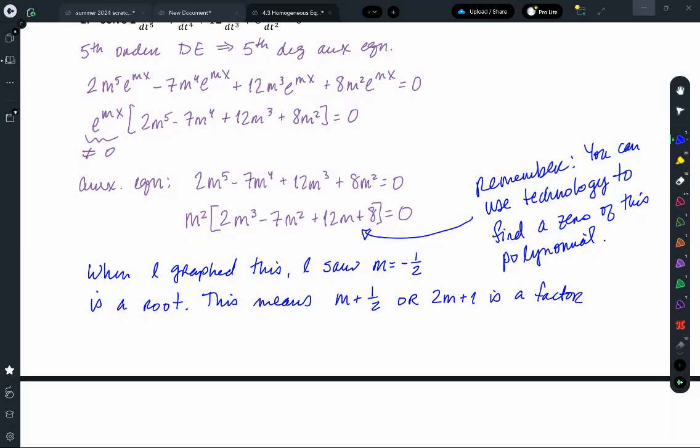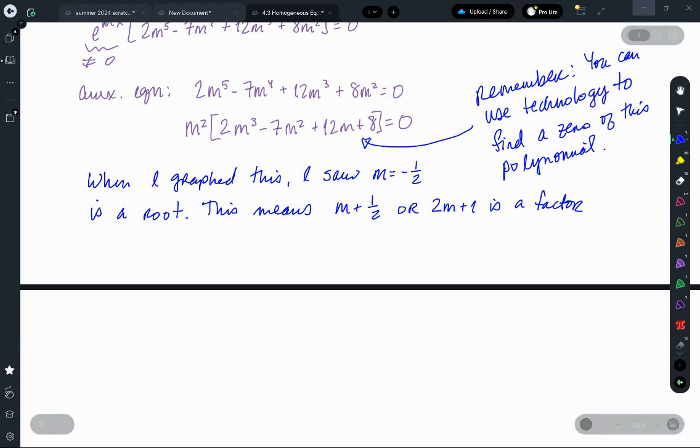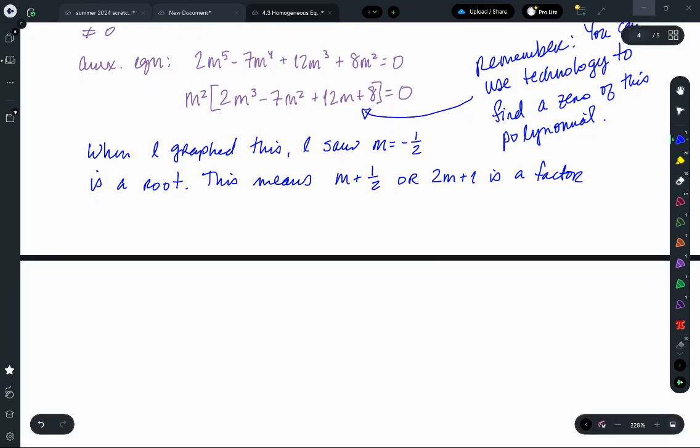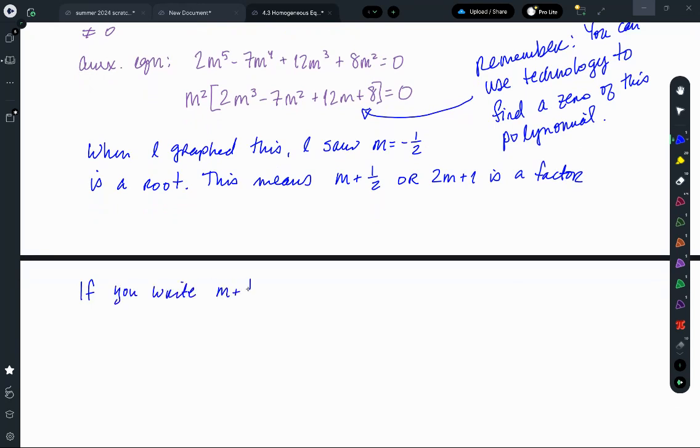Okay, so depending on how you decide you want to write your factor, if you write m plus 1/2 as the factor, then use synthetic division to divide it out.